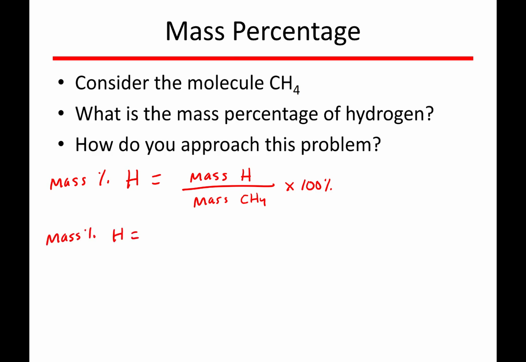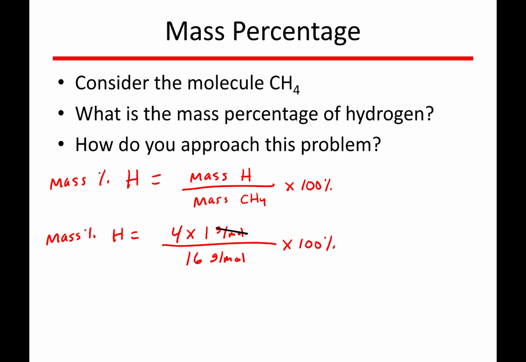All right, so for our mass percentage of hydrogen, the mass of hydrogen in CH4, we recognize that there are 4 hydrogen atoms. So you're going to have to multiply 4 times the molar mass of hydrogen atoms. So that's 4 times 1 gram per mole, divided by the total mass of CH4. Carbon is worth 12, and then 4 hydrogens, so that's plus 4 more, which gets you to 16 grams per mole, times 100%.